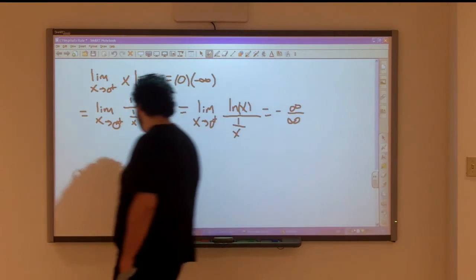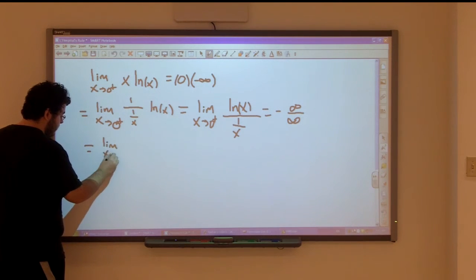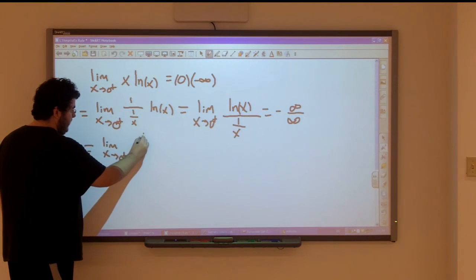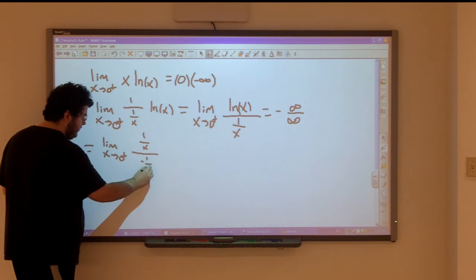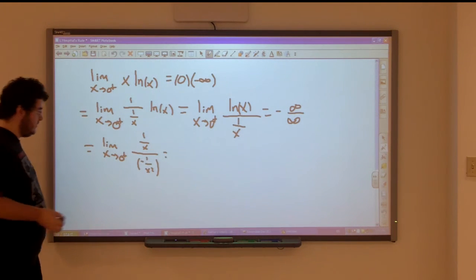So we now take derivatives. So this is going to be the limit as x goes to 0 on the right. The derivative of the natural log is 1 over x. The derivative of 1 over x is negative 1 over x squared. So remember, dividing is the same as multiplying by the reciprocal.